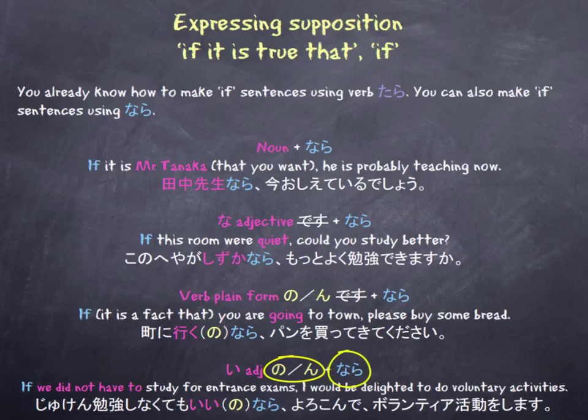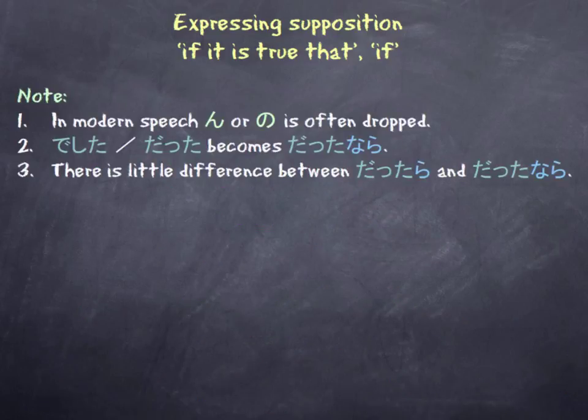For example, if we did not have to study for entrance exams, I would be delighted to do voluntary activities. 受験勉強しなくてもいいなら、喜んでボランティア活動をします. Or 受験勉強しなくてもいいのなら、喜んでボランティア活動をします.